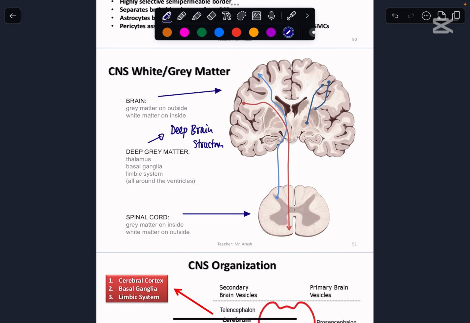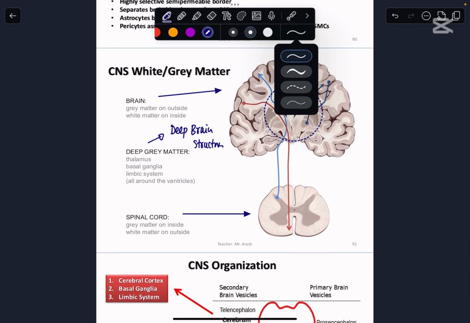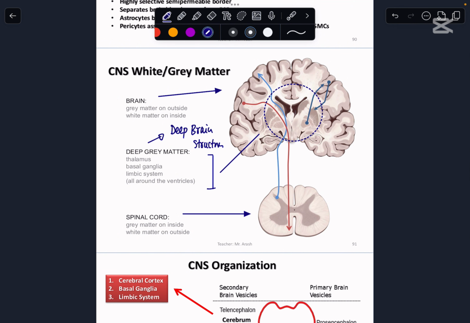So maybe I can draw a line, like a dotted line. Let's say right there. So this area basically shows you the deep nuclei, and those are all essentially gray matters, right? So all of these deep nuclei are technically gray matter.